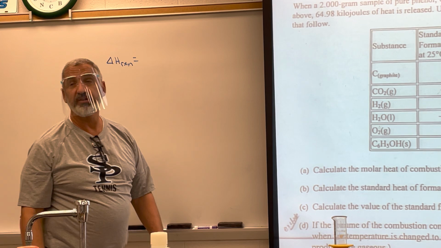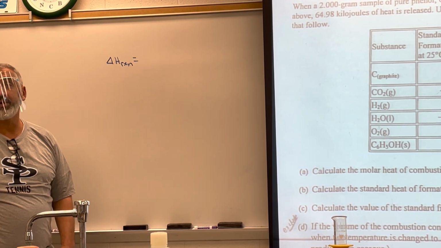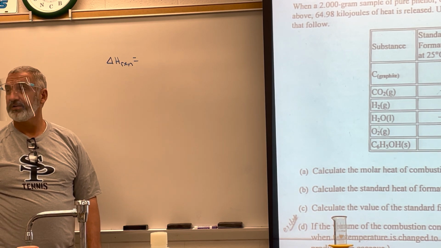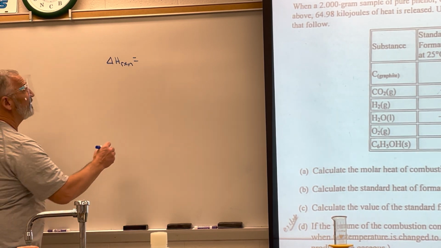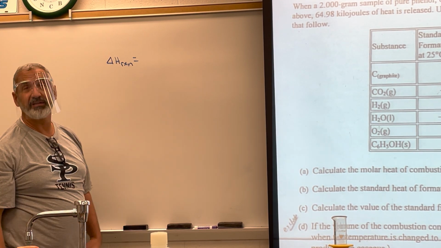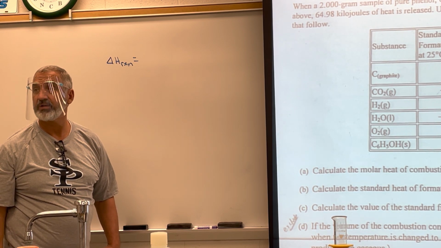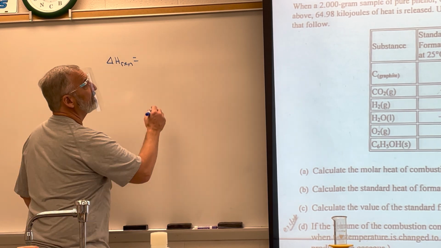Somebody other than Emmy tell me. Emmy and Reagan have answered everything today. Somebody tell me, what do I do? Thermochemistry, convert moles. Okay, what do I put over what, Nathan? You put the kilojoules released over 2 grams.